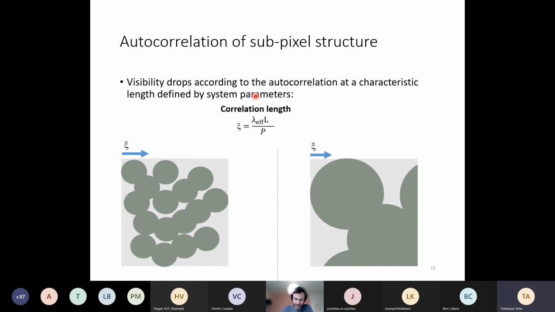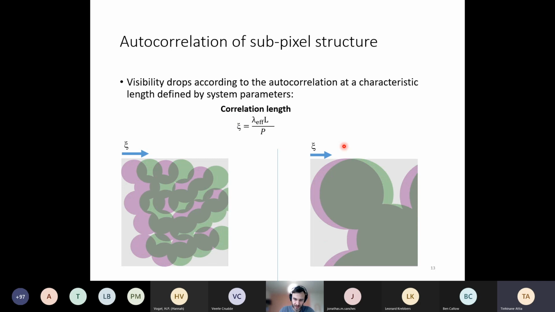Now, this correlation length, as I said, is defined by system parameters. And you can think of it as being a shift of the substructure with respect to itself. So we shift it by this amount, this correlation length, and then we see how well that structure within the voxel correlates with itself. And what you'll notice is that if you shift that to a larger extent than the characteristic length at that scale, you will see a lot of incoherence, really.